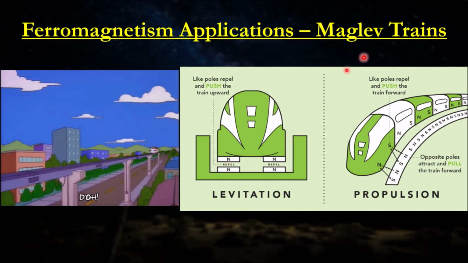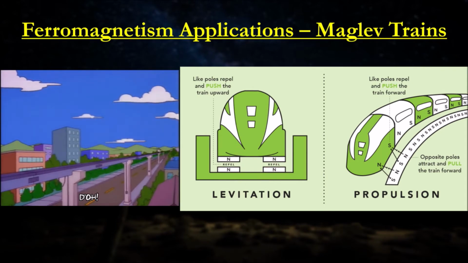With Maglev, mag represents magnets and lev means levitation. If you have a look at the train that we have here, in terms of levitation, the train will levitate because of a strong repulsion force between the tracks and the train.